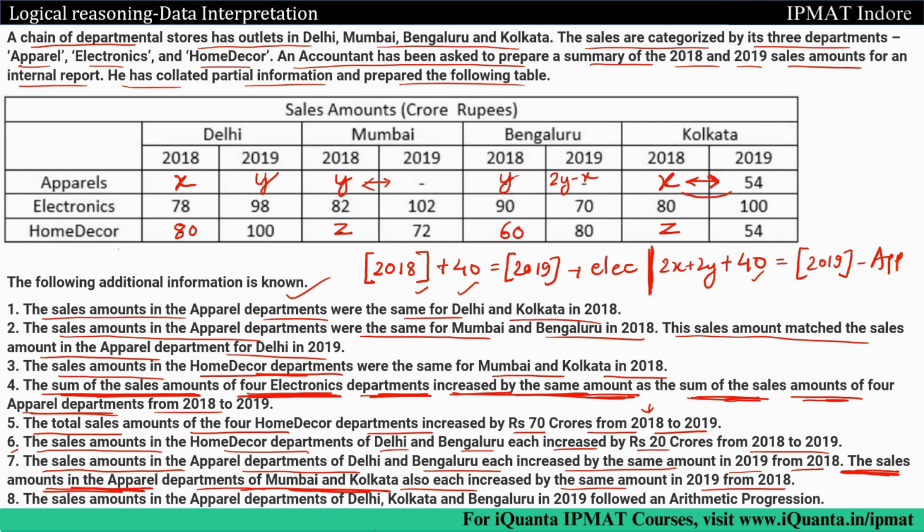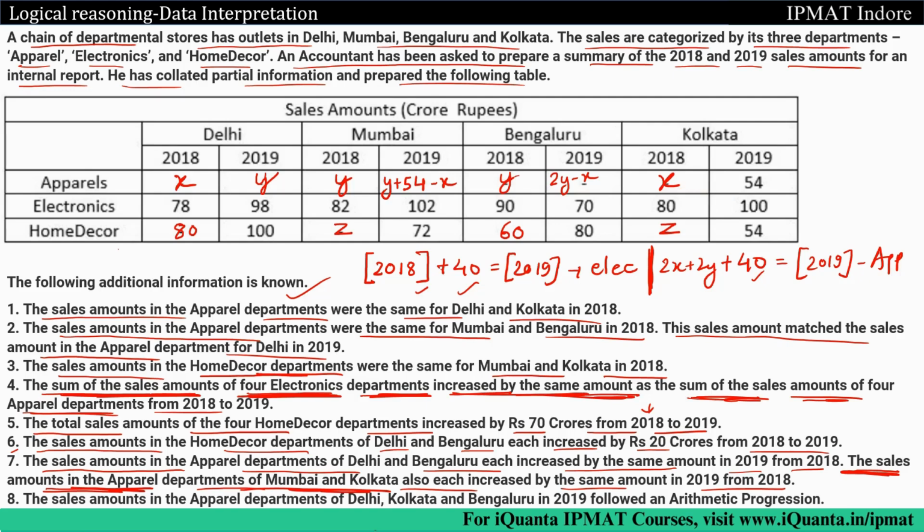So the difference should be 54 minus x in Mumbai as well. So y plus 54 minus x will be the value over here. Then only will the increase be the same in the Mumbai and Kolkata apparel department from 2018 to 19. This is basic equation forming. You all should know this. I hope so far you do not have any doubt.